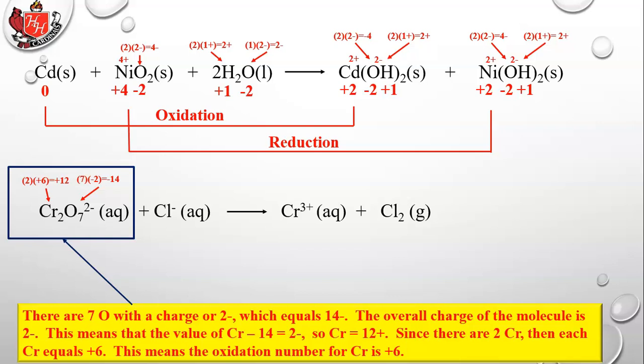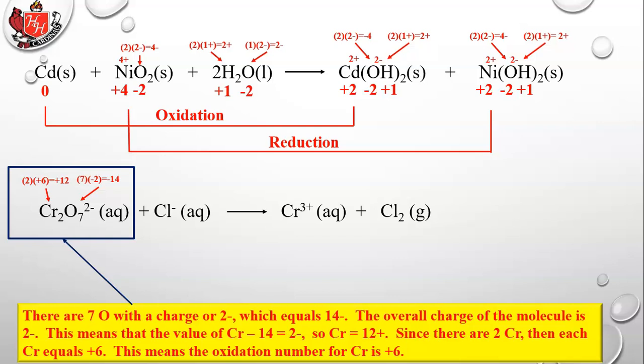So pause it and think about that for a second. You started with the oxygen. You always use that as your anchor. We have 7 times -2, which is -14. The overall molecule, you can see by looking at the formula for it, is a 2-. So oxygen is -14. The overall molecule is a 2-. So what does the chromium have to be to give you a 2-?